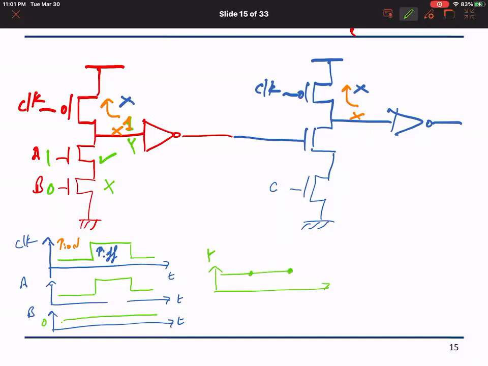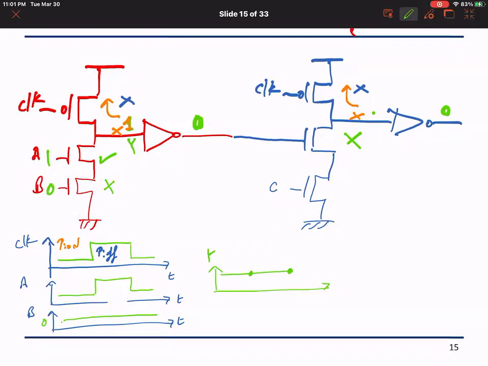Node out will remain 0, and therefore this device will not turn on, and this node will remain 1, and this node will remain 0. And so the domino effect will stop.